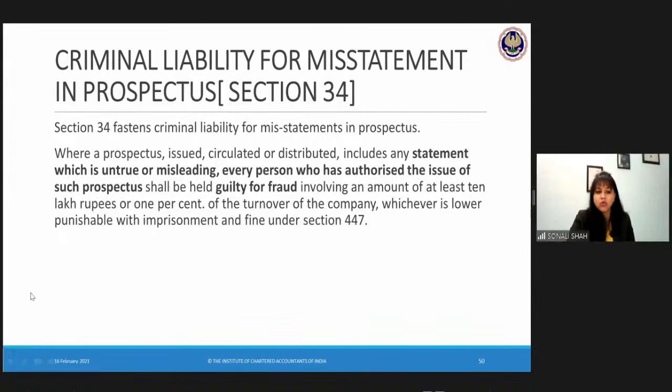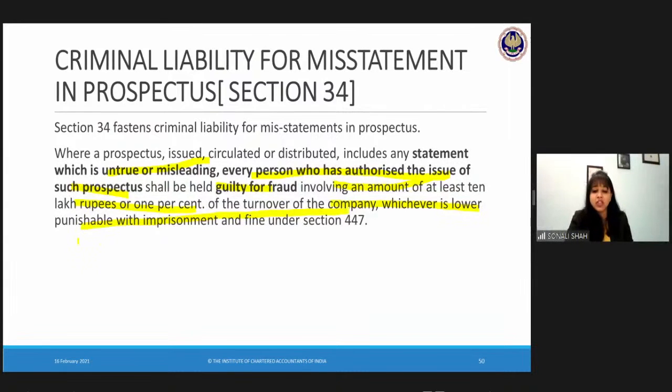Let's go through the provision that is provided in Section 34. Where a prospectus issued, circulated, or distributed includes any statement which is untrue or misleading, every person who has authorized the issue of such prospectus shall be held guilty for fraud involving an amount of at least 10 lakh rupees or 1% of the turnover of the company, whichever is lower, punishable with imprisonment and fine under Section 447.